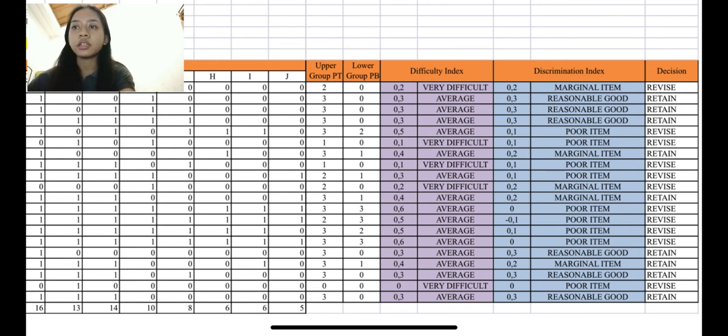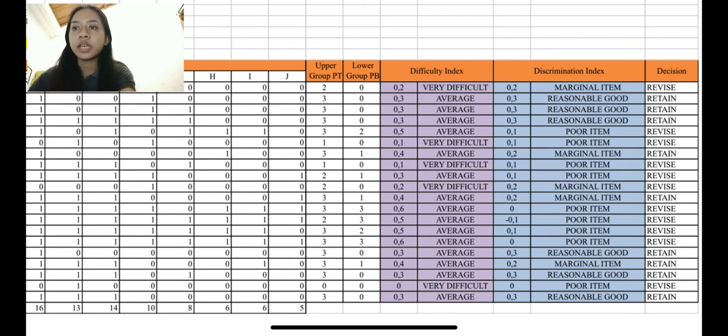And then the next is item number 19. The difficulty index is 0, which is very difficult, and the discrimination index is 0. It is concluded as a poor item and we need to revise it.